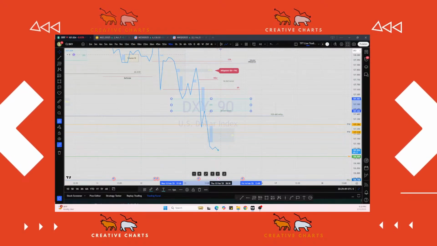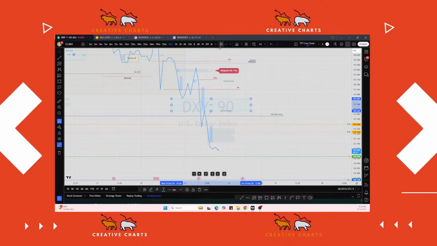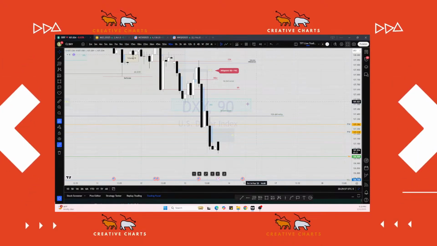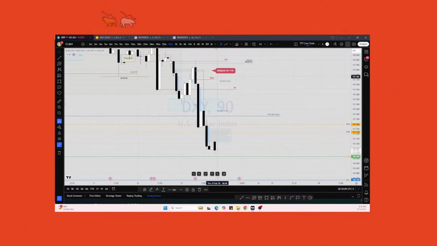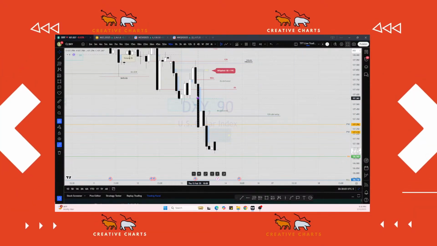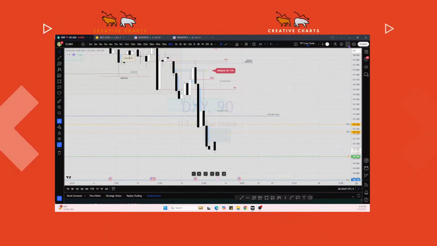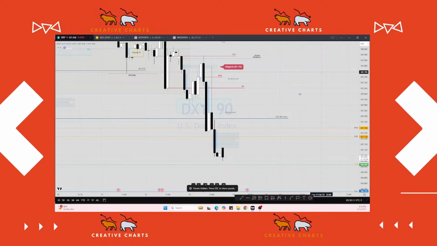I don't trade these. I use these strictly for liquidity. So when I see these areas in the market, that's my draw on liquidity. I want these things to get ran through. So that's why I mark those up. If I have any of these areas that are in confluence with the break retest level, I'm very suspect of it. But regardless, let's mark this off. That's what it is.